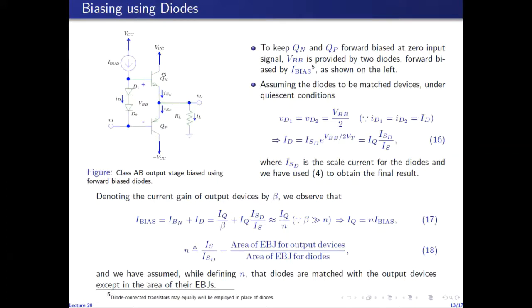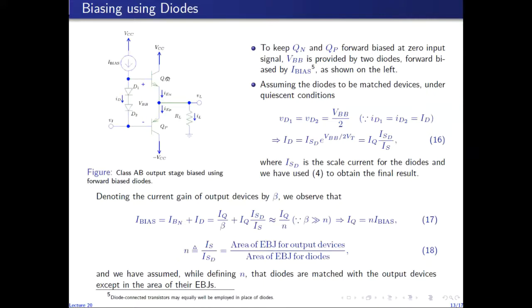So what happens is, during conduction, when the temperature of the devices increases, then we know that the collector current of a device depends on the scale current as well as the thermal voltage, and the scale current is a very strong function of temperature.